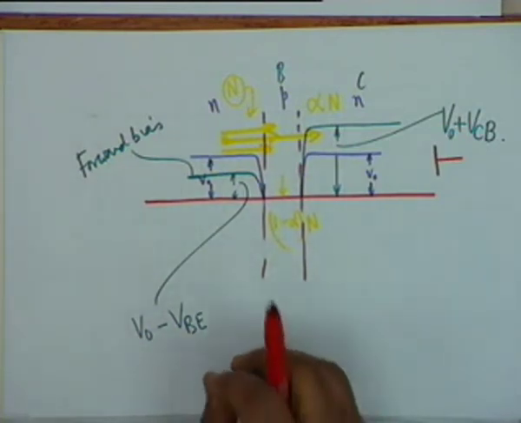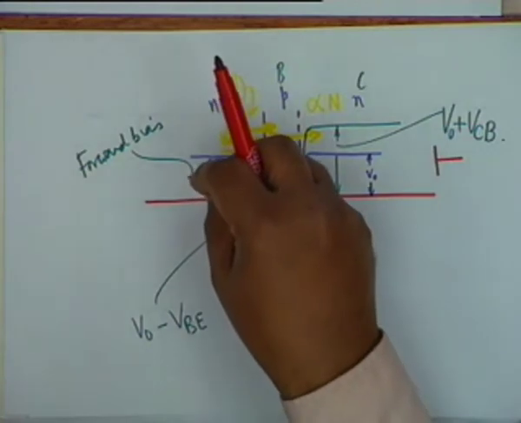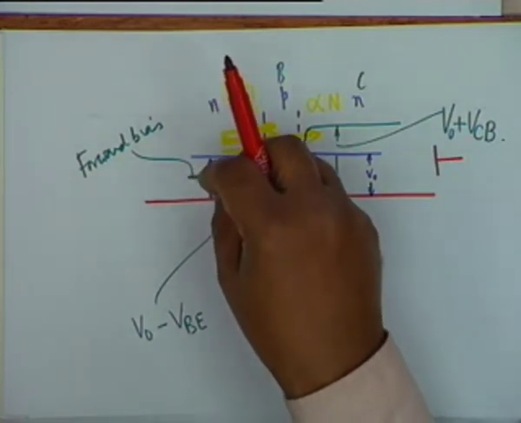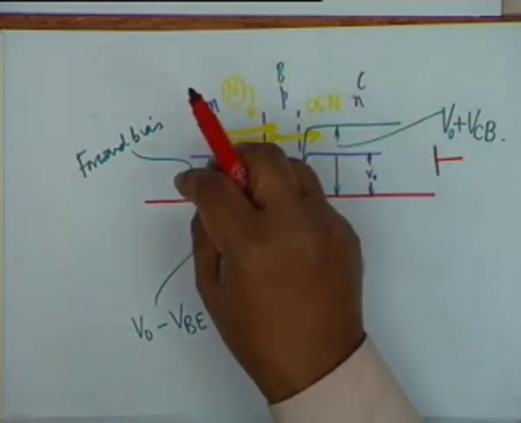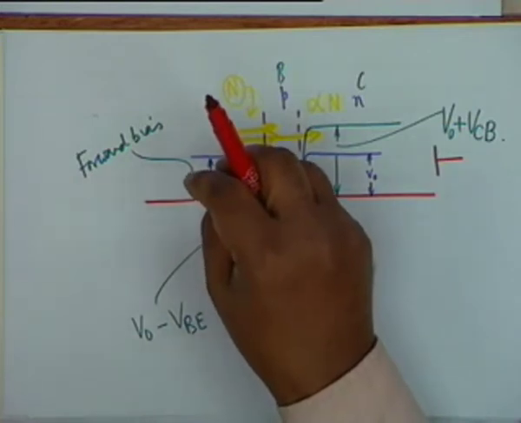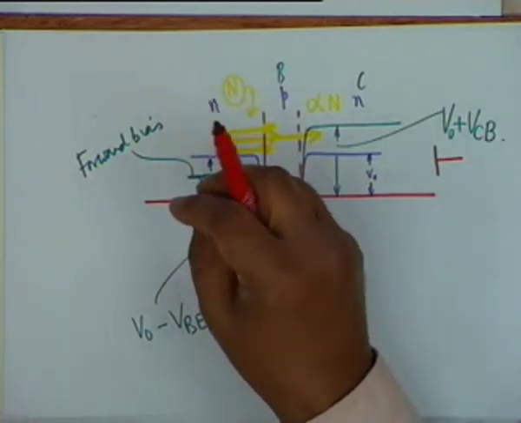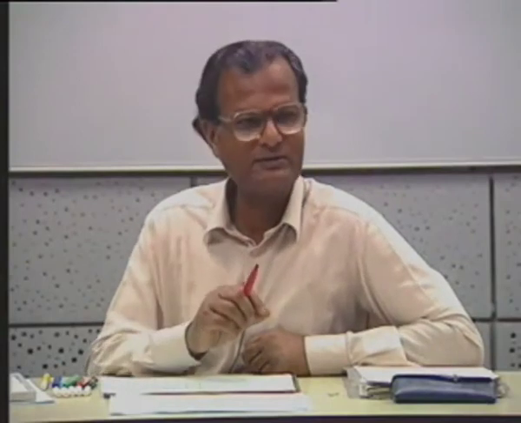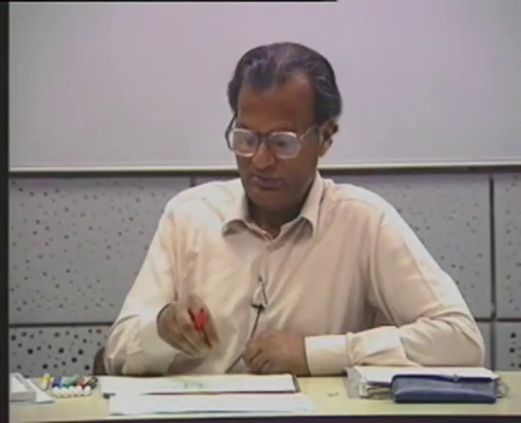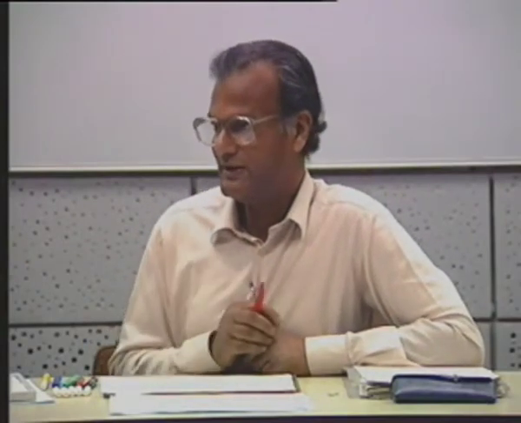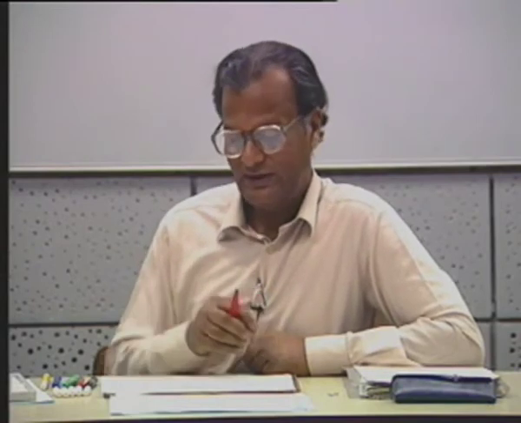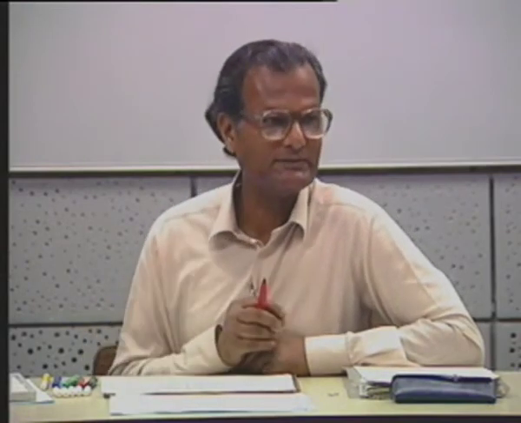The end result is that most of the majority carriers which start from the emitter, you understand the meaning of the word emitter now, they emit electrons. That's why it's called emitter. Most of the electrons emitted by the emitter pass over to the collector.